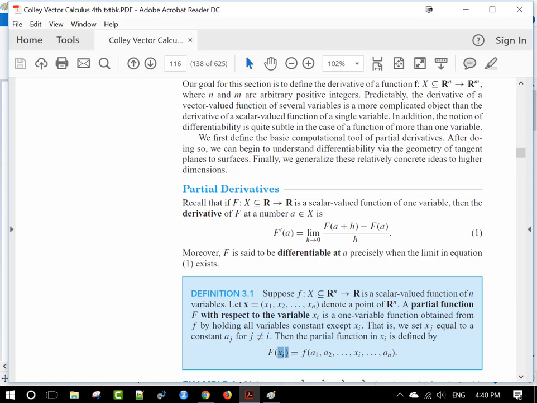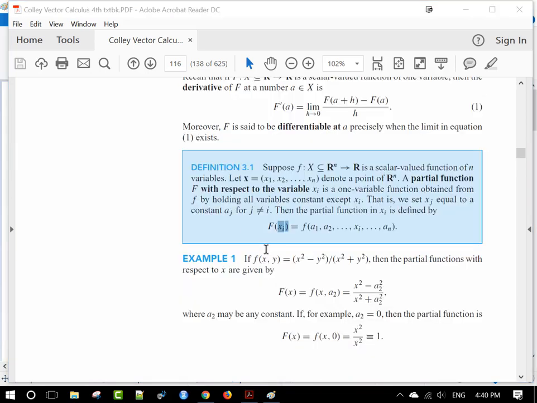And when we do this, this is called a partial function of f with respect to the variable x sub i. So let's try it to make this a little bit clearer. Suppose we have a function of two input variables, so n is equal to 2.